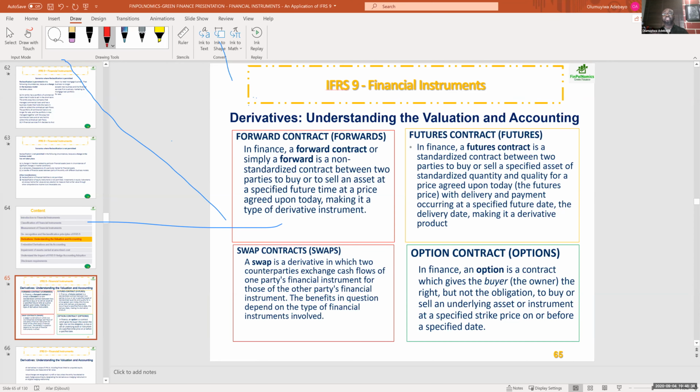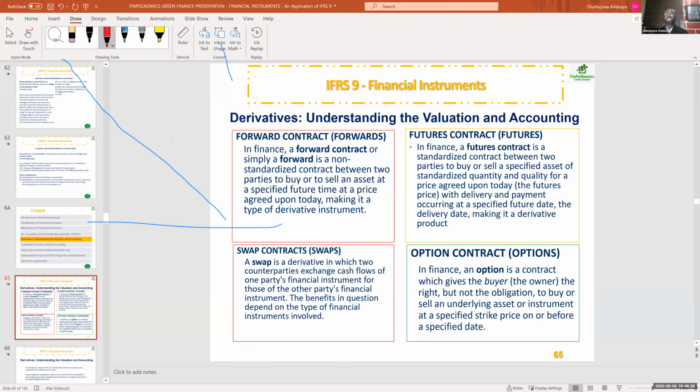It will be measured at fair value. And I've told you that the fair value of a derivative upon initial recognition is usually 0, except for some situations, such as when you have an option contract, where you might have paid a premium, which creates a fair value different from 0.